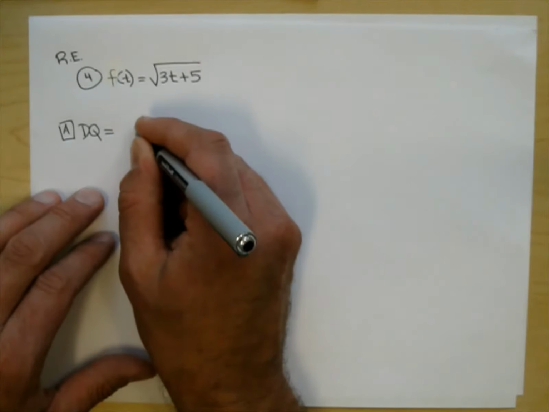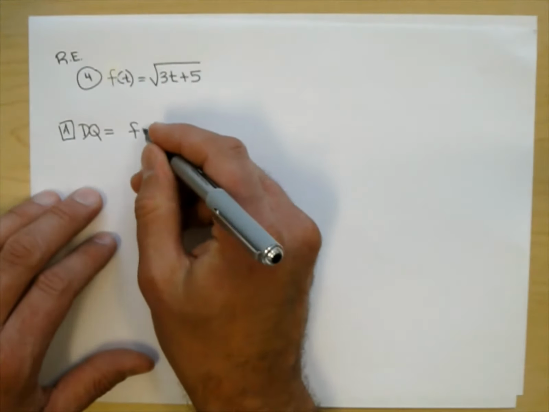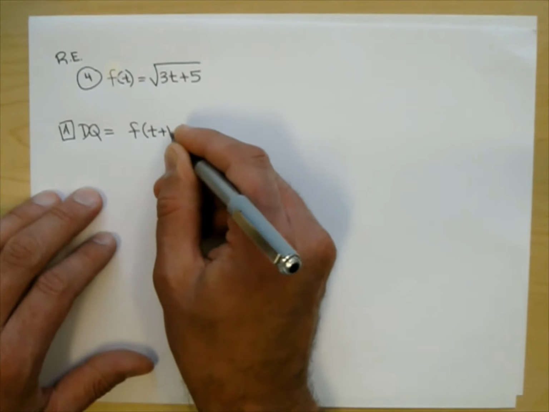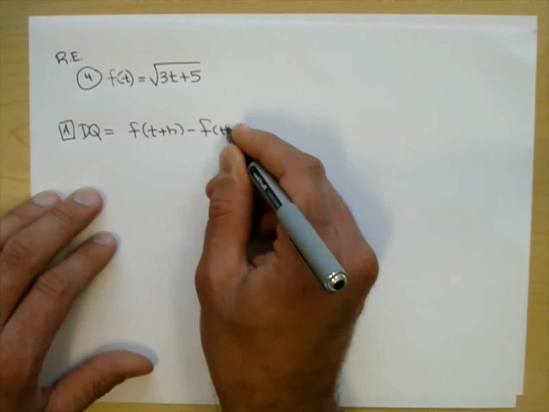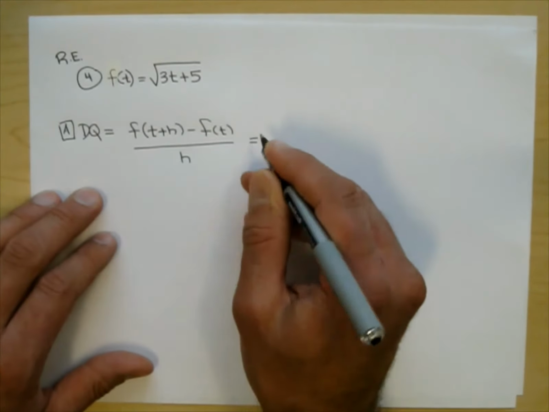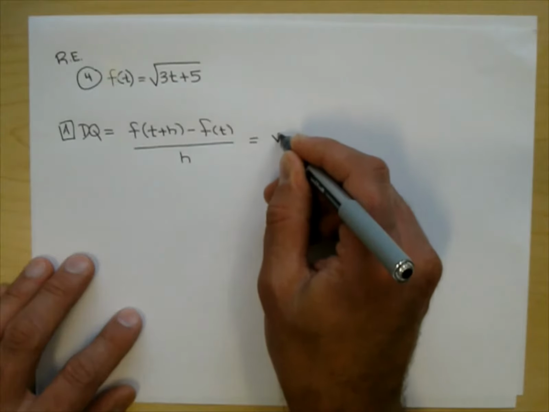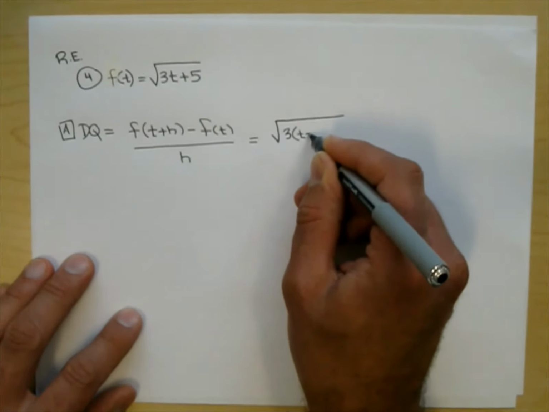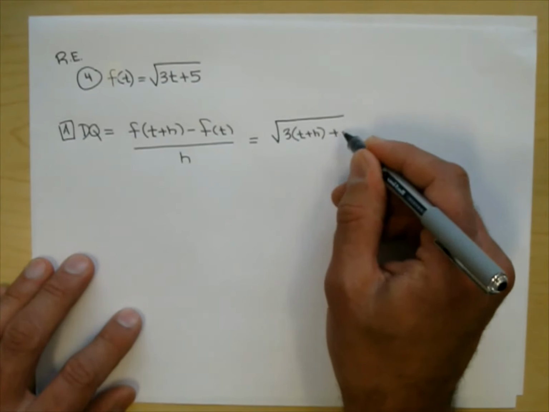Okay, DQ is f of, so we are going to use t's instead of x's, so t plus h, minus f of t, all over h. Okay, f of t plus h, so I'm going to put that t plus h into the function, 3 times t plus h, and then we have plus 5.